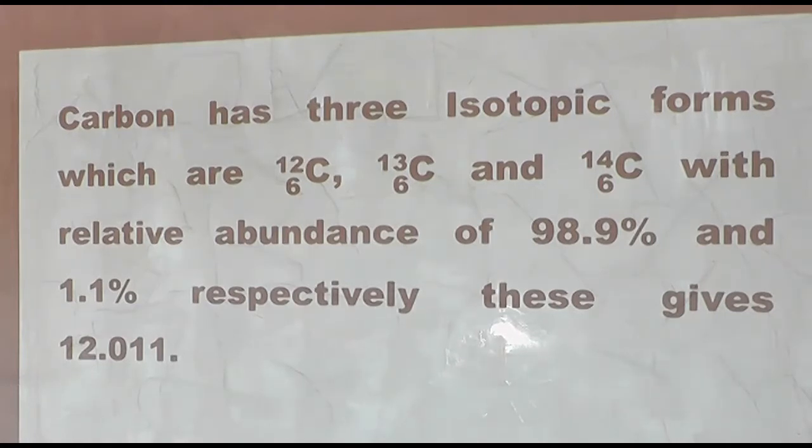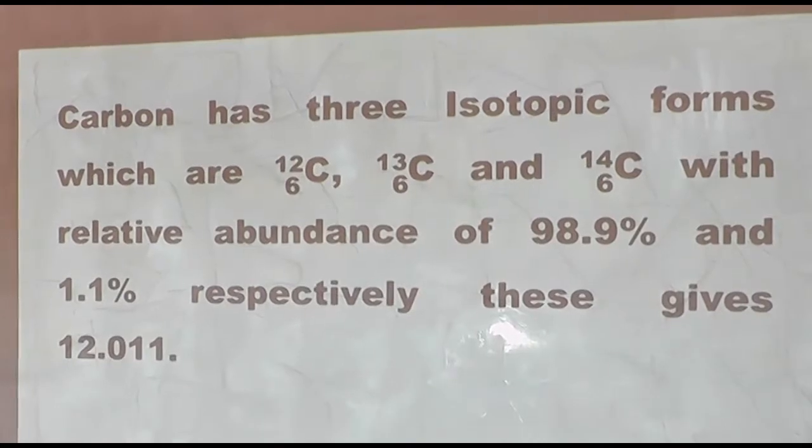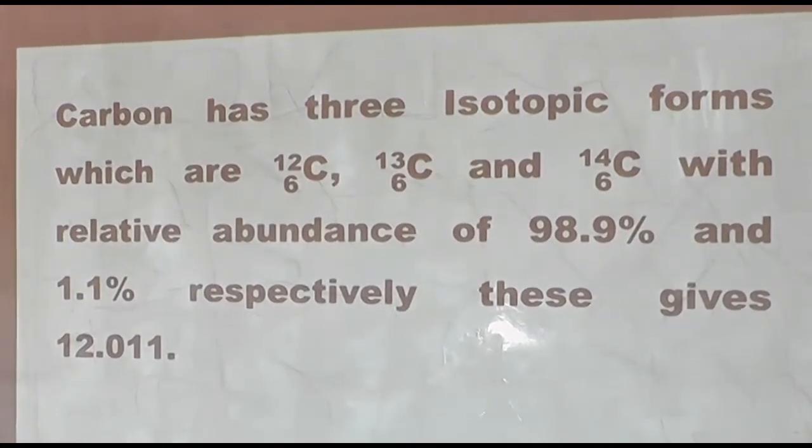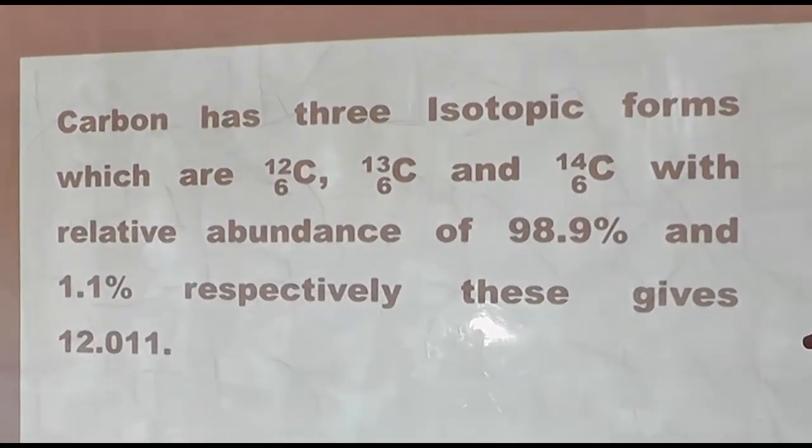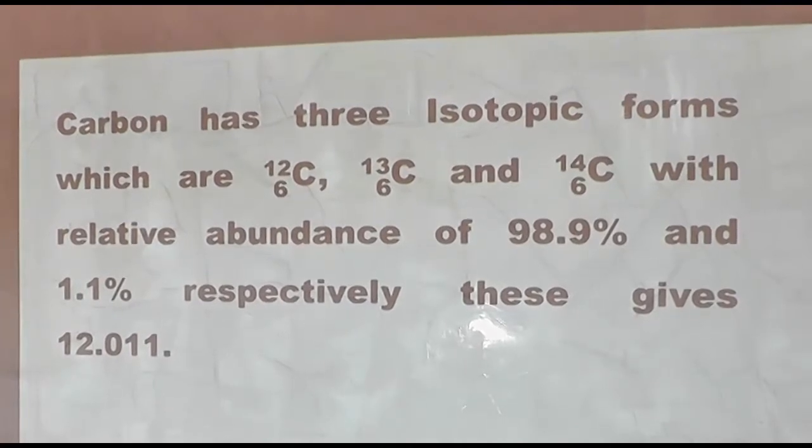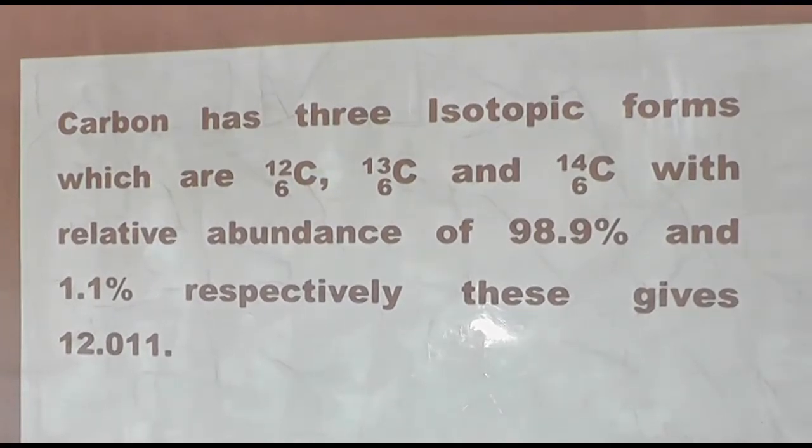Remember that of these three isotopic forms, only two are very, very important. These are carbon-12 and carbon-13. Therefore, the relative abundance of these isotopes are 98.9% and 1.1% respectively.